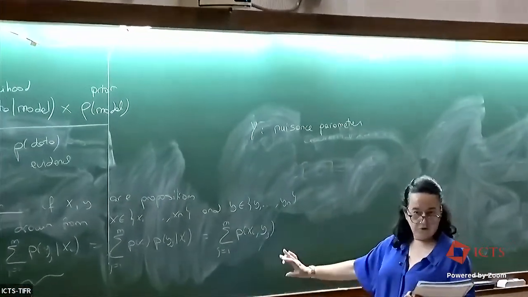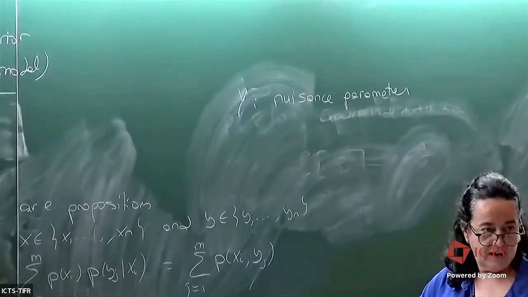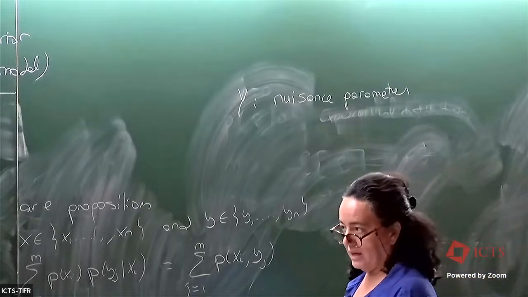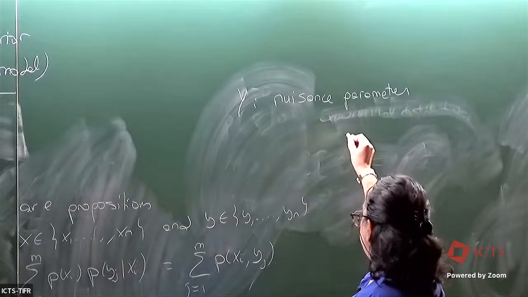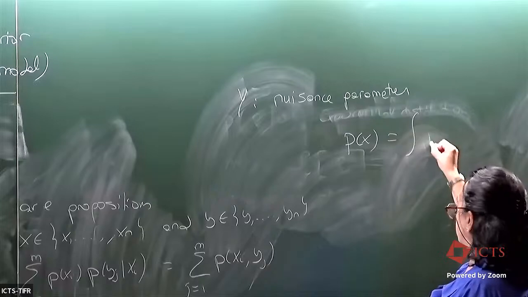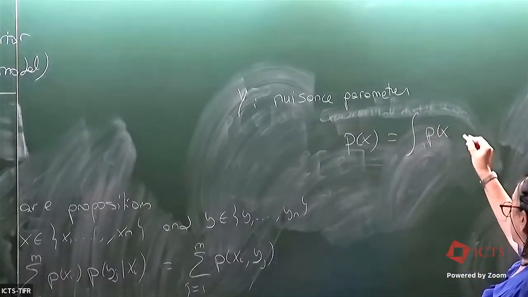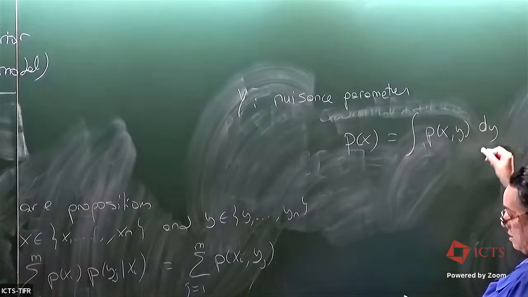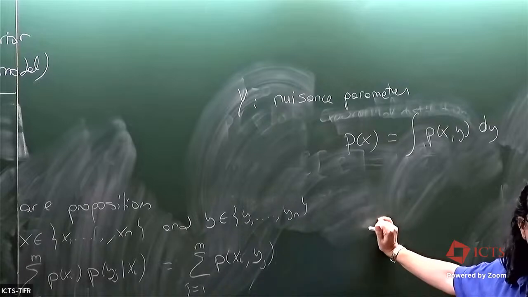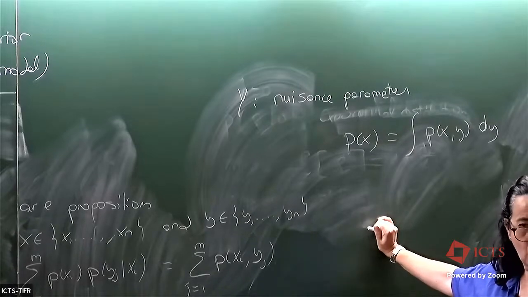And if instead of working in a discrete case I go into the continuous case, I can generalize this expression and get that the probability of X can be obtained by what we call marginalizing over the parameter Y. This gives me the probability of X when I don't care about Y.